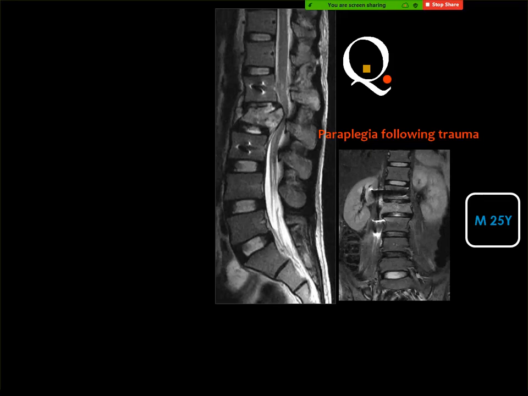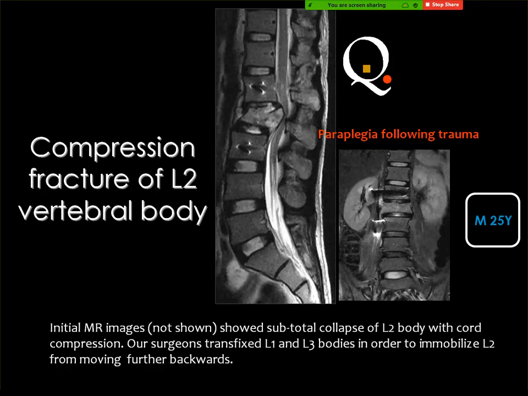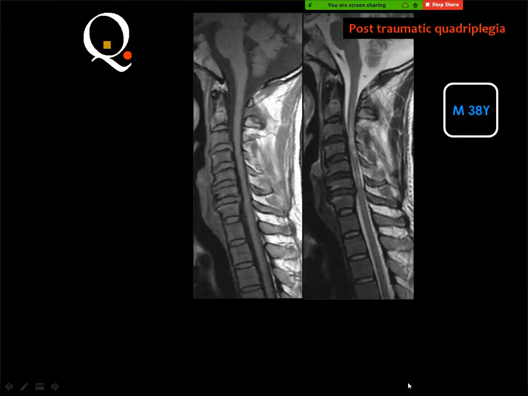Which fracture? Yes, and this is compression fracture of L2 vertebra with neural canal compromised. You can see the fixating screws in the vertebra above and in the vertebra below. Next case.